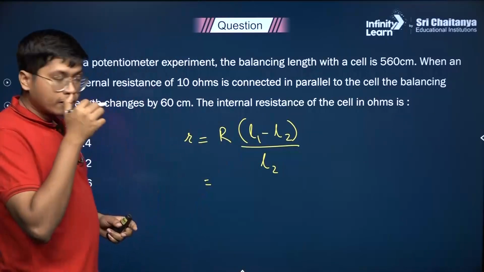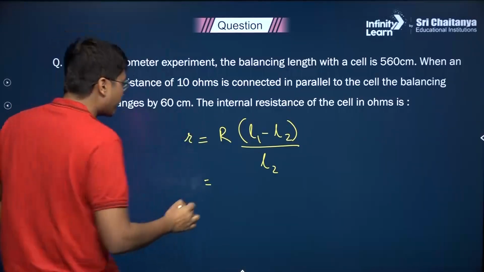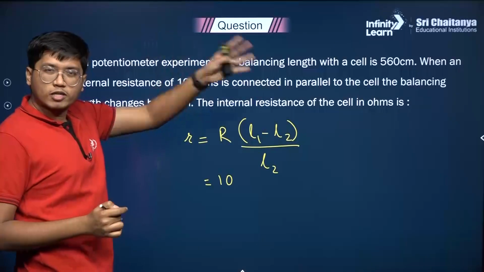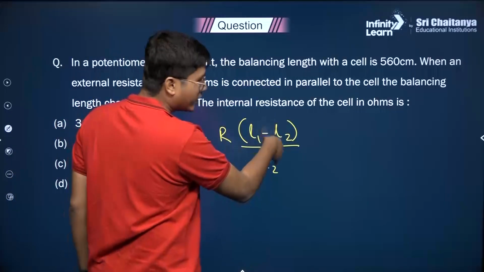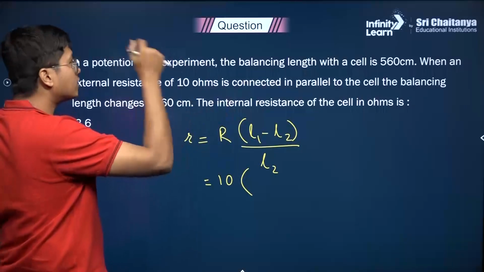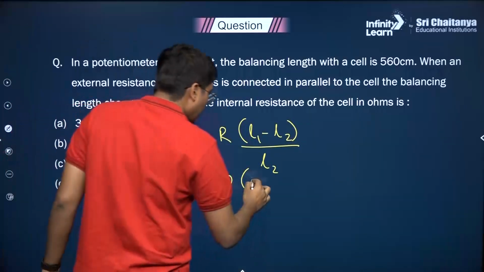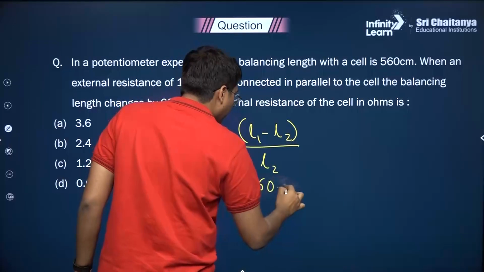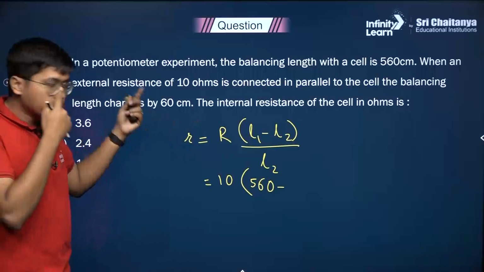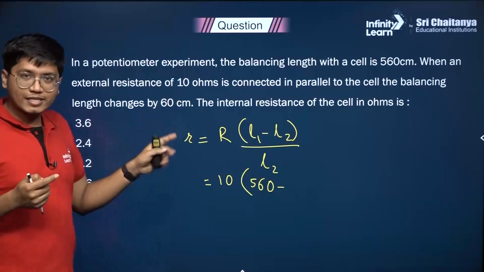Everything is given. Capital R, the external resistance, is given as 10 ohms. The lengths are given in centimeters. Don't bother about centimeter to meter because it's a ratio, they'll cancel out. So you have L1 is 560 minus L2, which is going to be 500 centimeter because the length effectively changes by 60 centimeter.